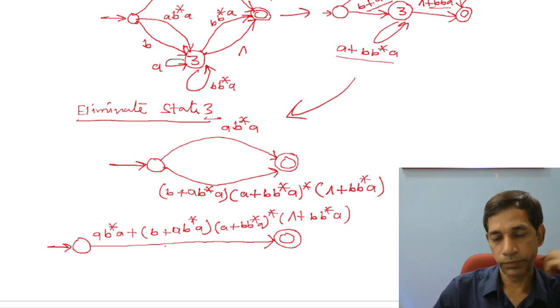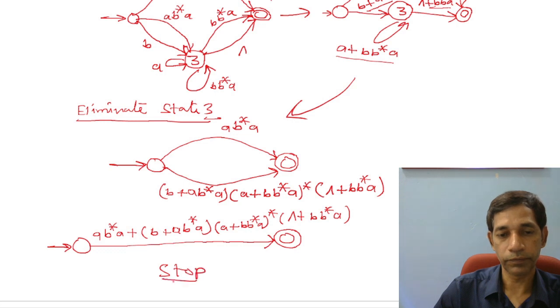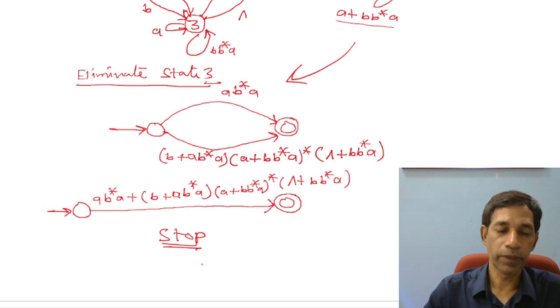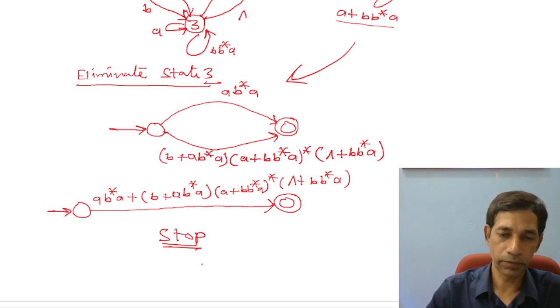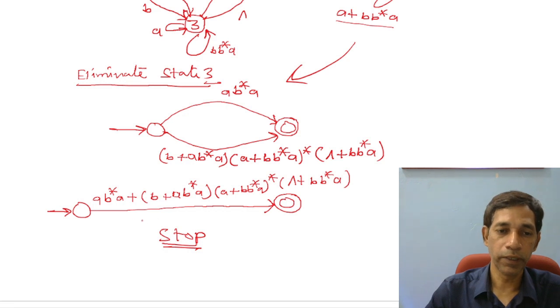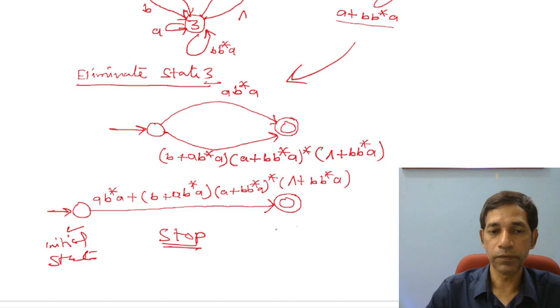Now this is the stopping condition of your algorithm. Why is this the stopping condition? Because we have no other states of the transition graph left other than the initial state and the final state. So this is the initial state, and this is the final state.